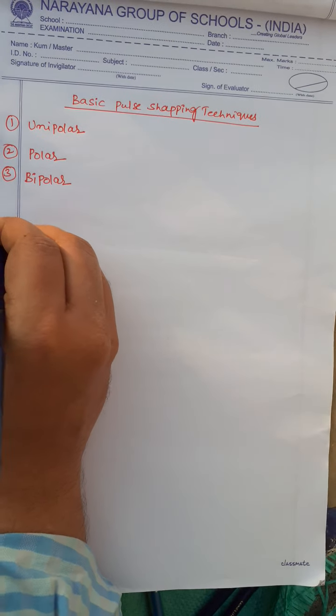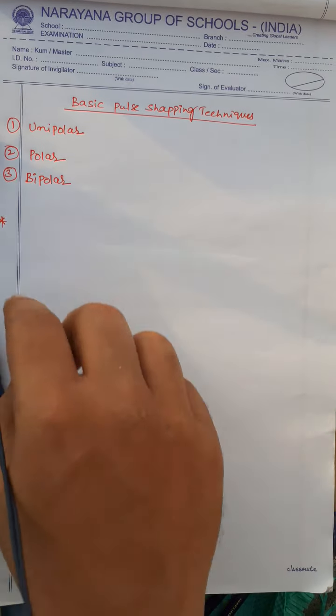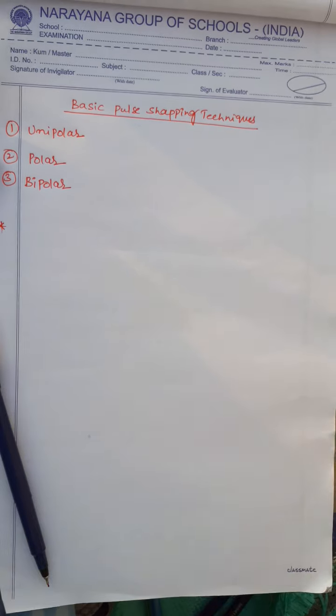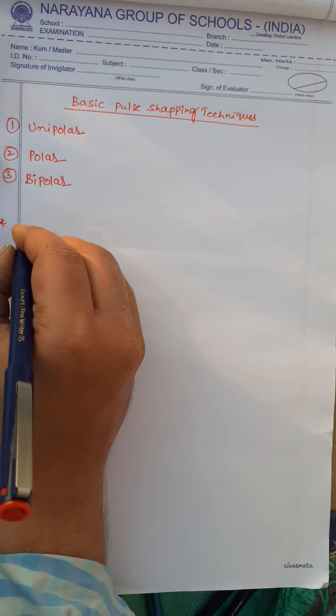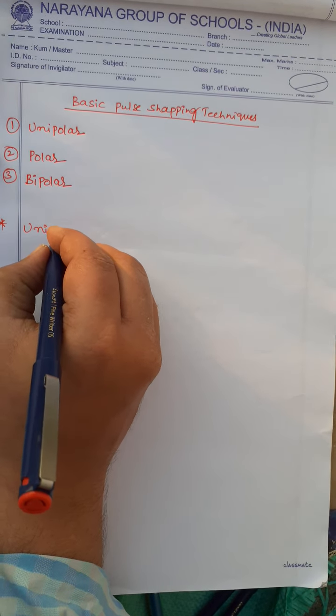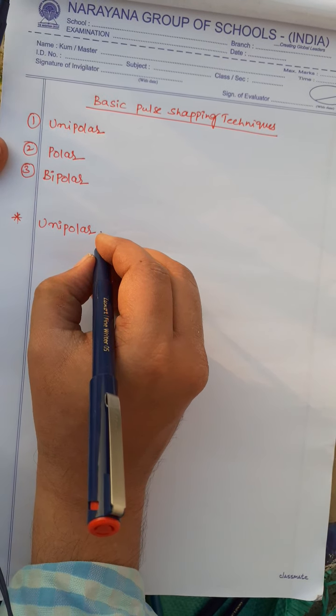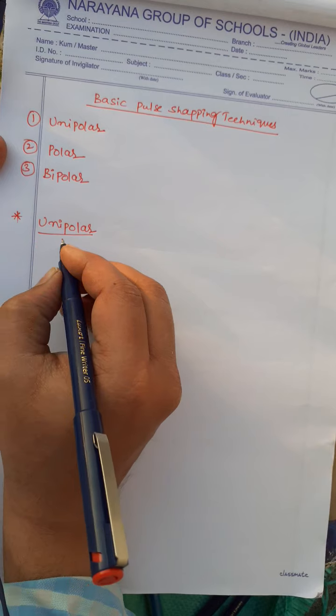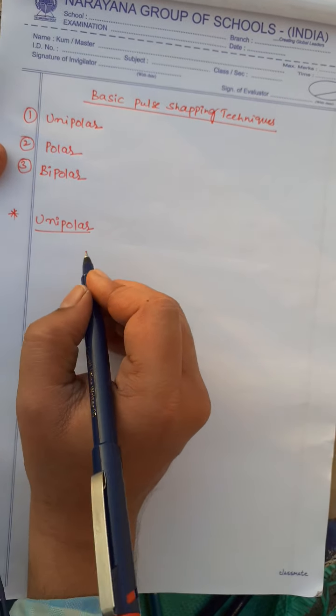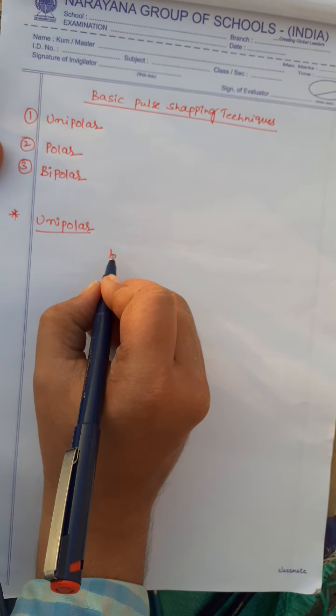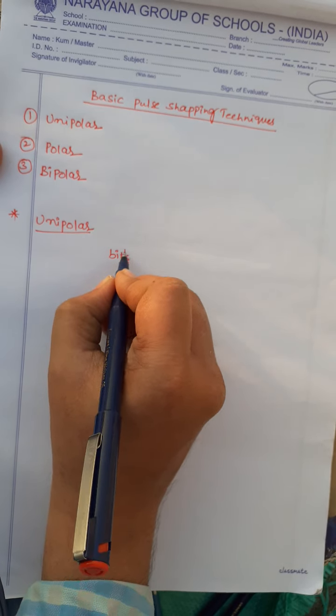First, let us see the unipolar pulse shaping technique. In the unipolar technique, the bits are zeros and ones.